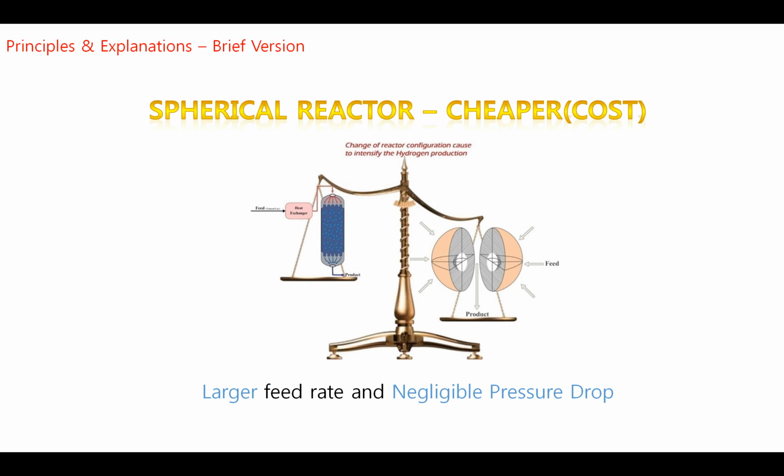Only one large process will be enough since we have higher feed rate at once, and that will be clearly cheaper than before. And also, since there's only negligible amount of pressure drop, we don't need any additional pump or turbine. Therefore, we don't need to pay for additional equipment, right?